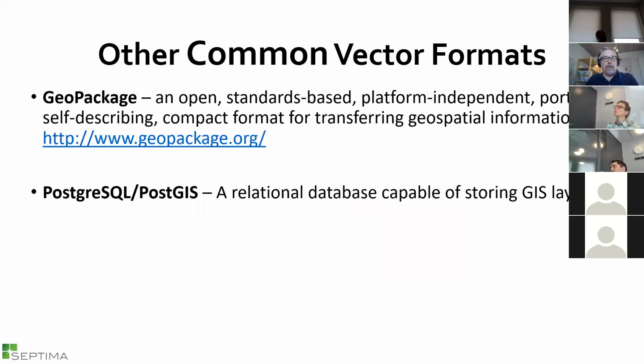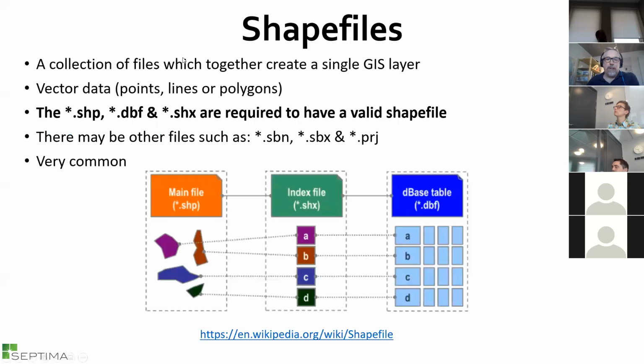So the other format that we'll be working with is GeoPackage, which is an open format that has several advantages over the shapefile. One of the main ones is that a shapefile is based on the old DBF format for the attributes, so a field name in a shapefile can't be more than 10 characters long.